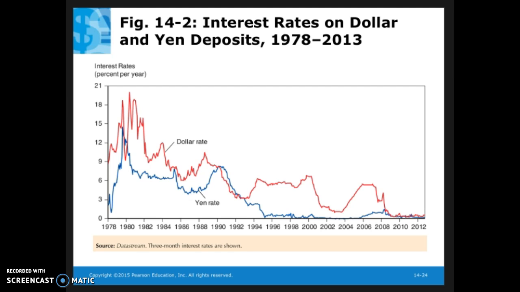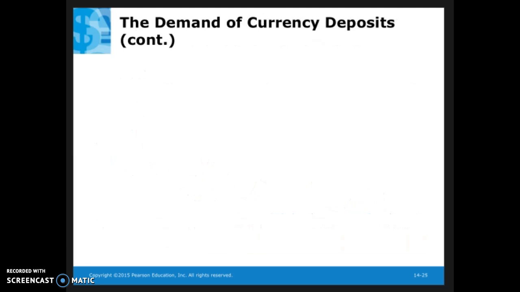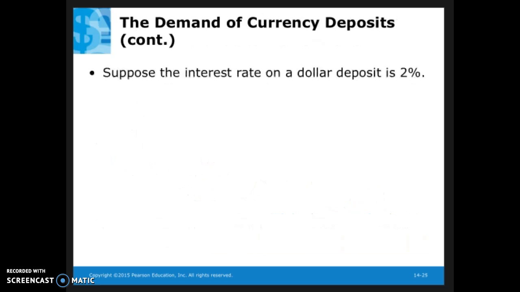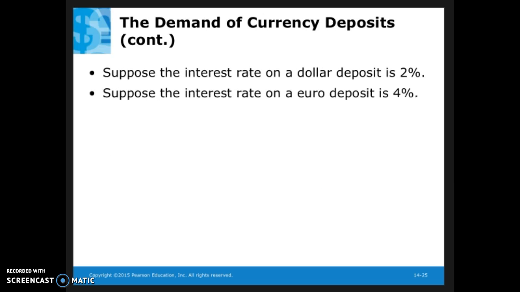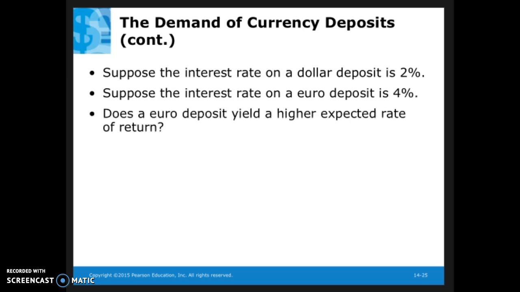So here's the interest rate on dollar and yen deposits. Suppose the interest rate on a dollar deposit is 2%. Suppose the interest rate on a euro deposit is 4%. Does a euro deposit yield a higher expected rate of return?